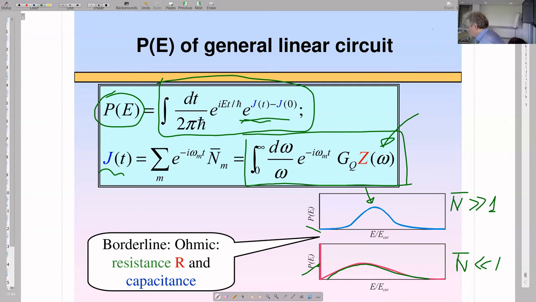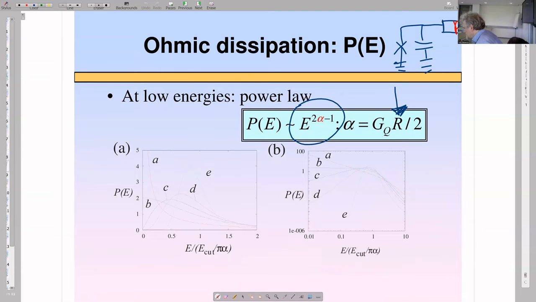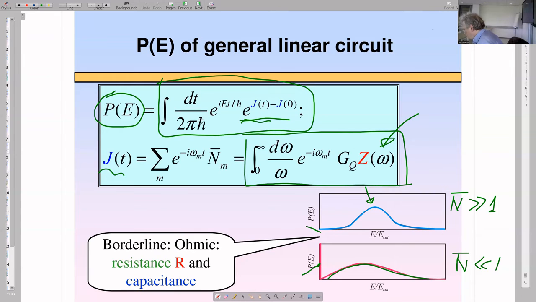Fine. Let us see. Yeah, I forgot to mention that one can, for instance, continuously change this and continuously change in this direction. And there's an interesting borderline between these two extreme cases, which is called the Ohmic Environment.